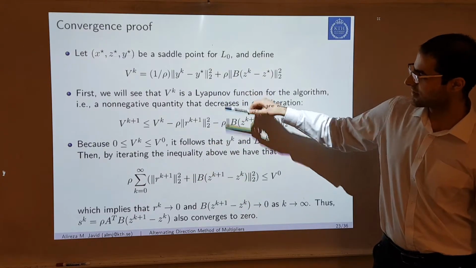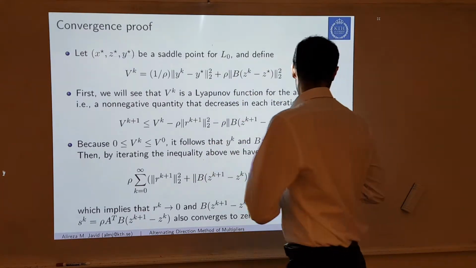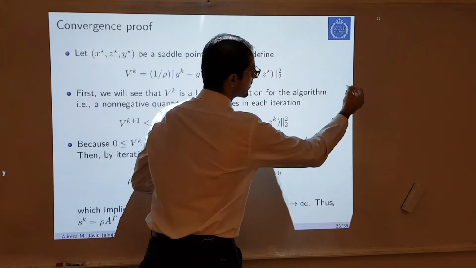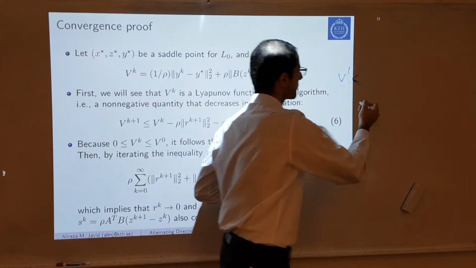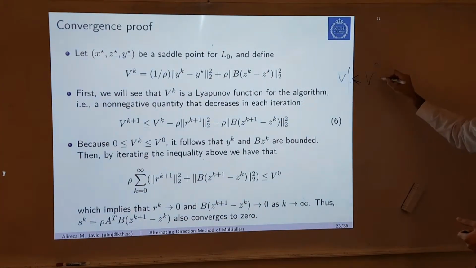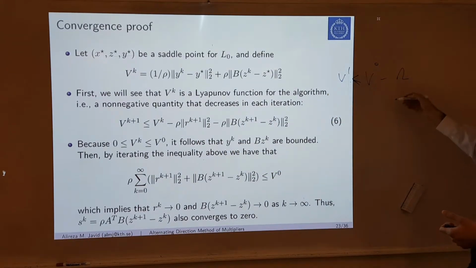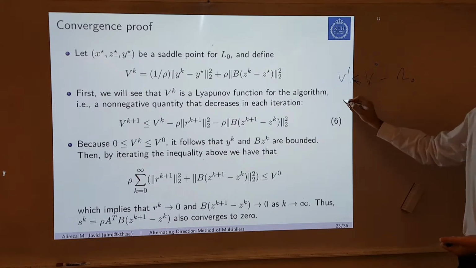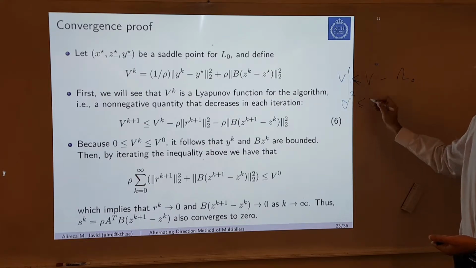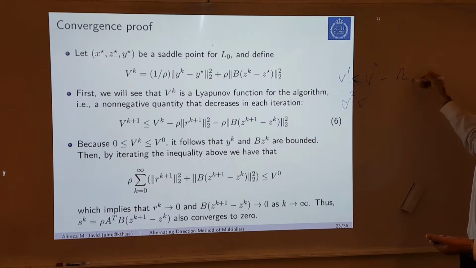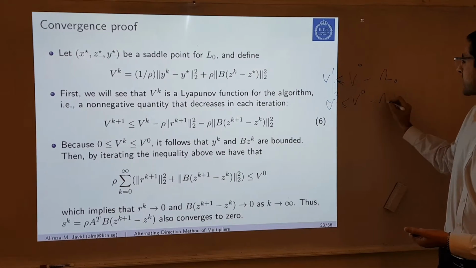Therefore, by iterating these things, maybe I can write it. For example, you can write that v1 is smaller than v0 minus this term, let's call it delta 0. Then v2 is smaller than v1 minus delta 1, so we can write it as v0 minus delta.